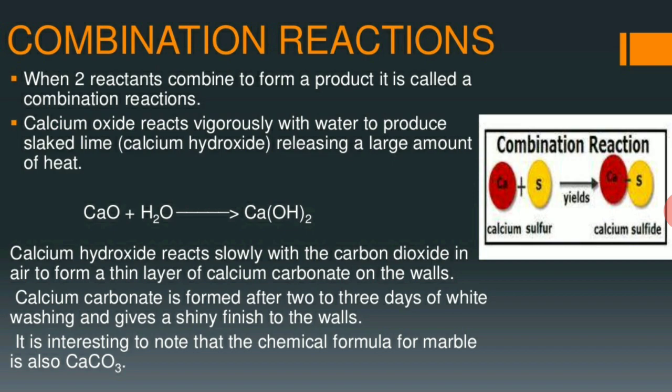This calcium hydroxide is also called slaked lime. Another example: calcium hydroxide reacts slowly with the carbon dioxide in air to form a thin layer of calcium carbonate on the walls.